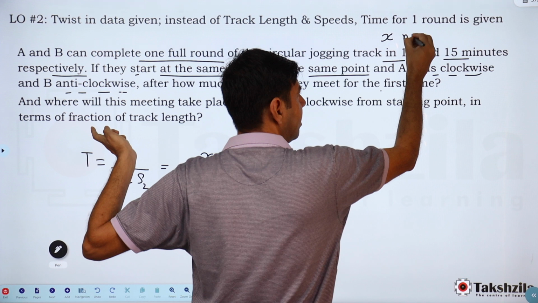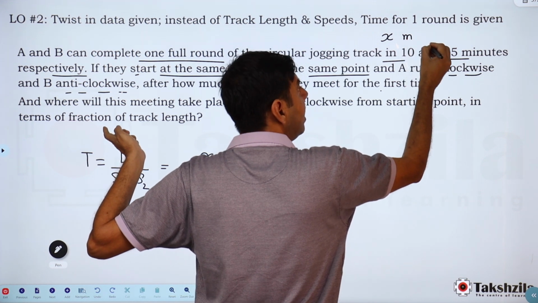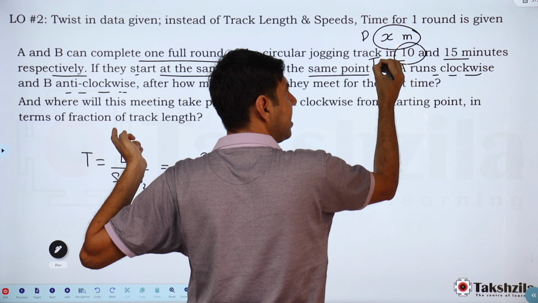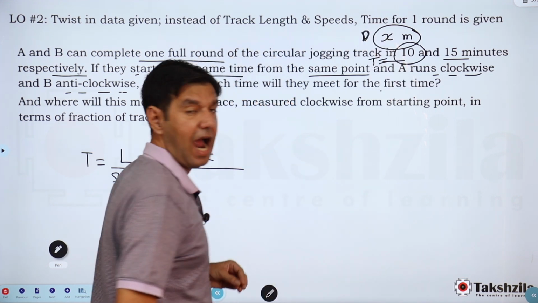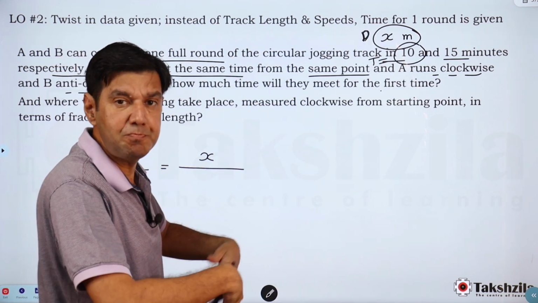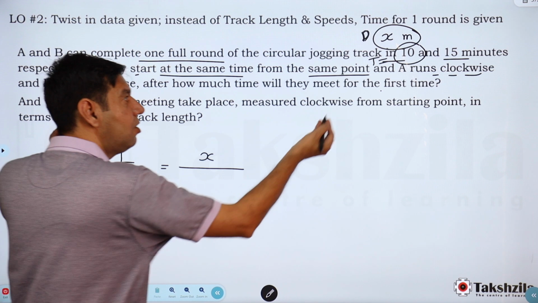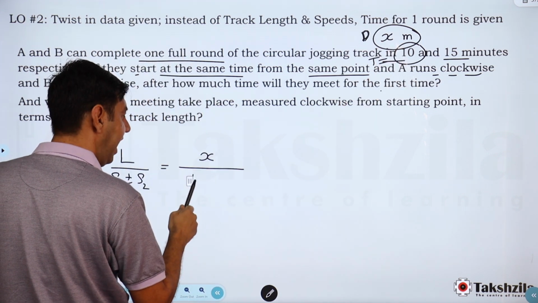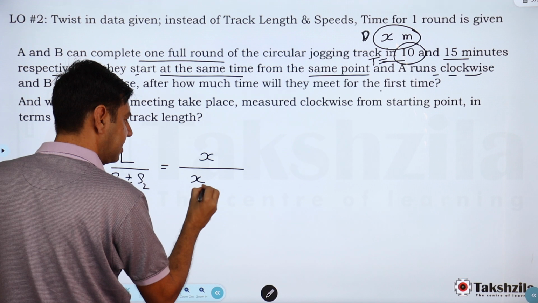So whatever it is, meters, in 10 minutes. So this is distance, this is time, right? And that together will give me the speed. So what is the speed of the first guy? The speed of the first guy is, he covers X in 10 minutes.